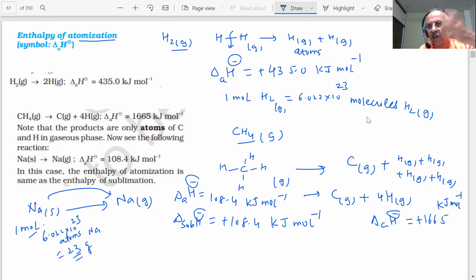The atoms are getting separated from the solid, students. Have you noted everything, students? Right, sir. Can I proceed further?